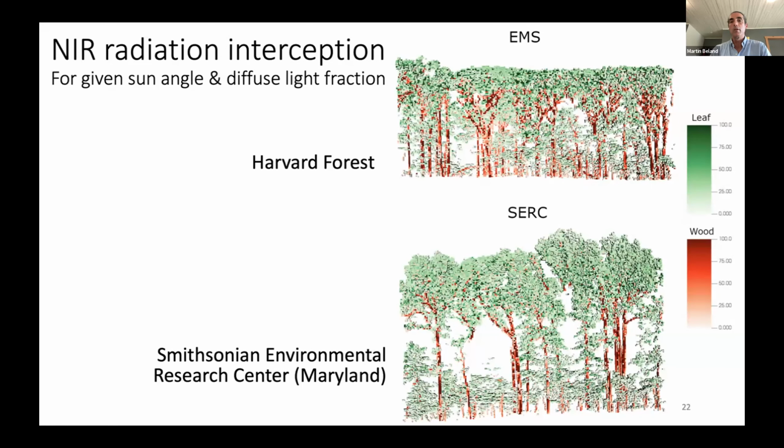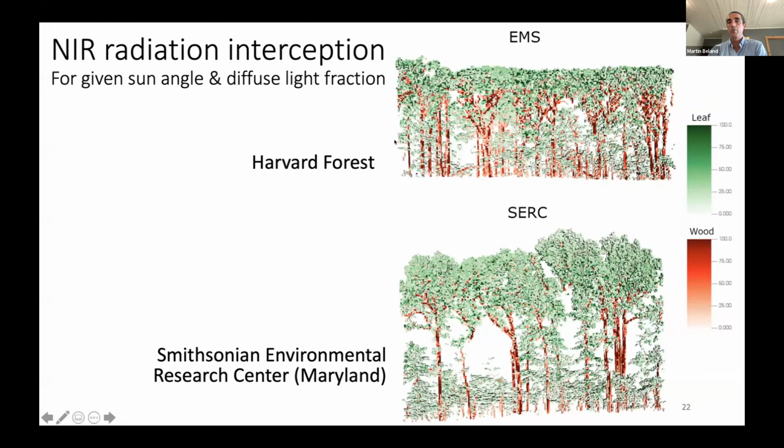Once we know the distribution of the material in the forest and we know how aggregated it is, we can put these voxel arrays into radiative transfer models using a ray tracing approach. And we can measure the radiative transfer.